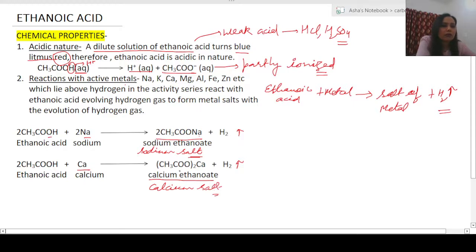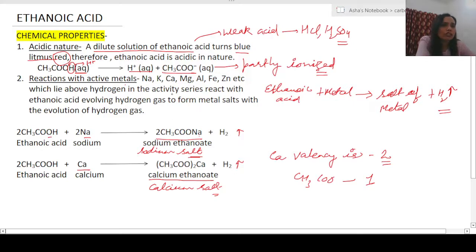Now here you are seeing that it is CH3COO whole twice Ca. Why? Because calcium has a valency of 2. On the other hand, CH3COO valency is 1. So it is CH3COO whole twice Ca.